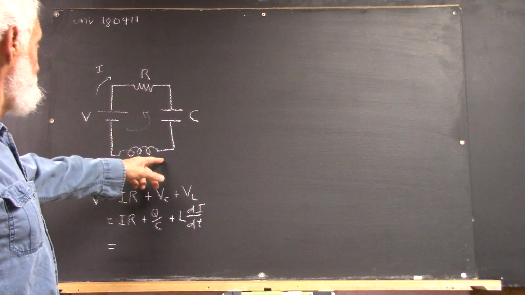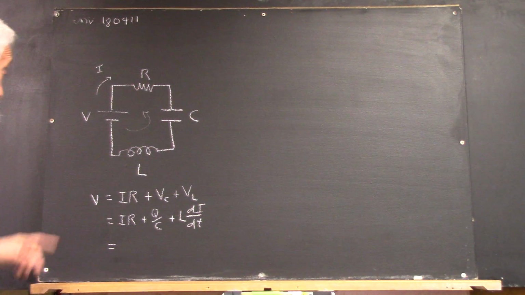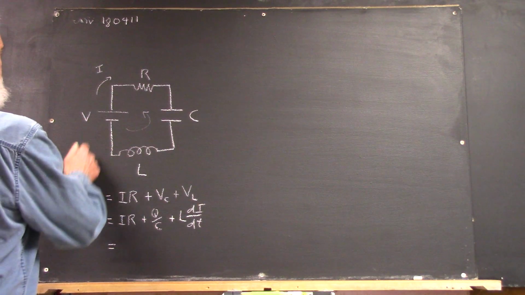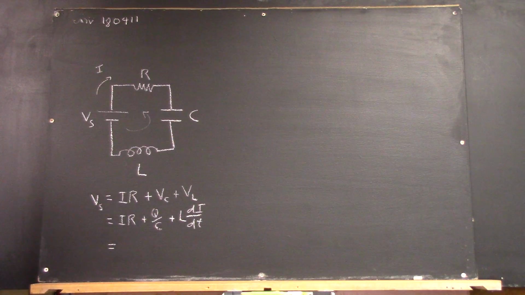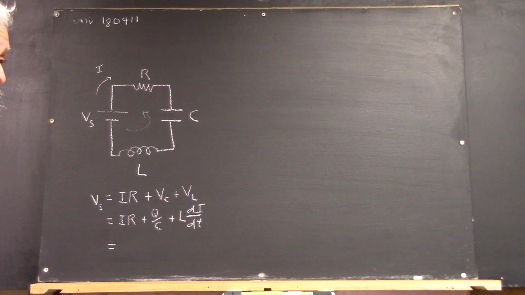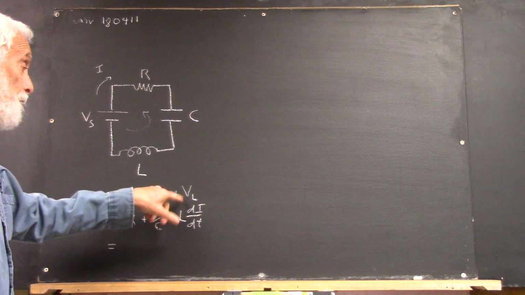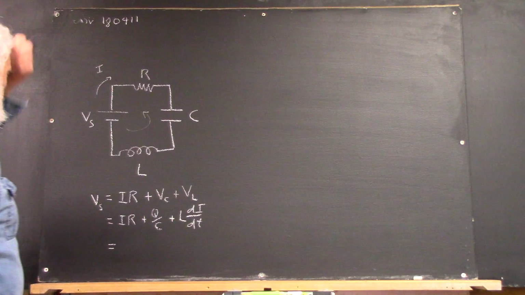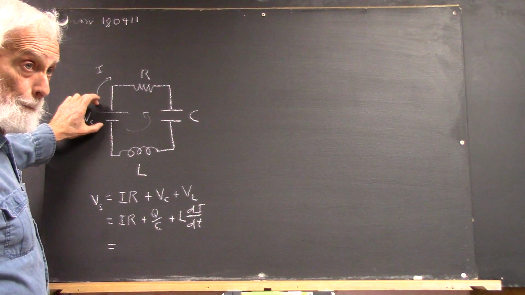And then you've got a drop across here due to the inductance. Now, let's call this V sub S for voltage of the source, just so we don't get confused with subscripts and all the other voltages, even though we've already replaced these. We'll still keep voltage of the source here.